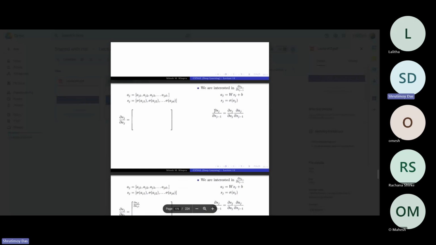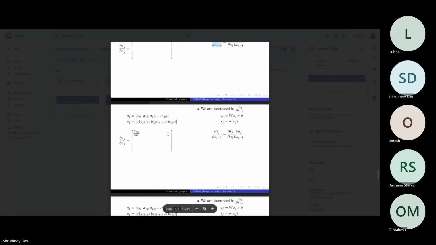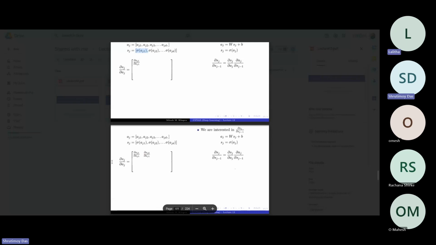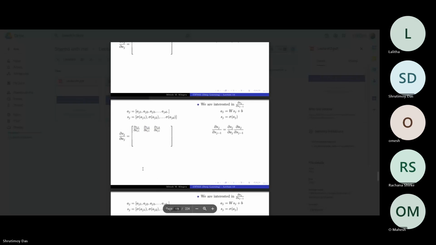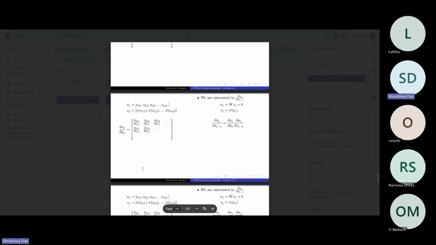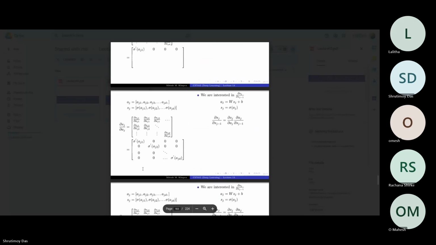Now if we want to look at this matrix, because I think you must be aware of this, we are taking a derivative of a vector with respect to a vector, so we'll get a d cross d matrix. The derivative of this with respect to this, and so on, is how we fill up this del Sj by del Aj.